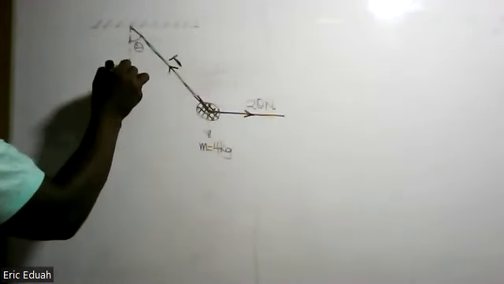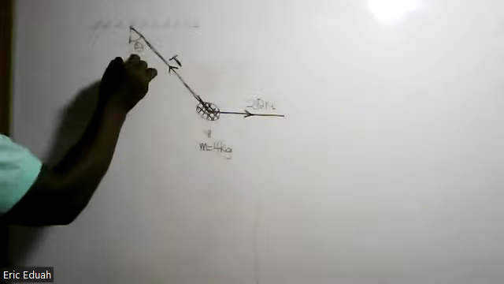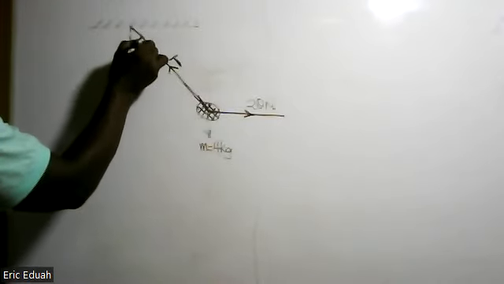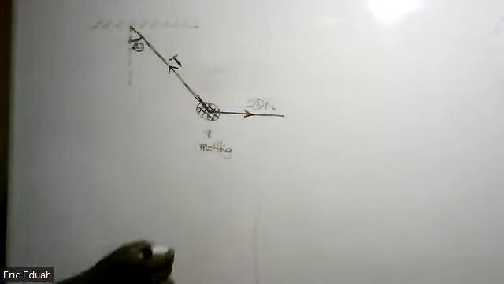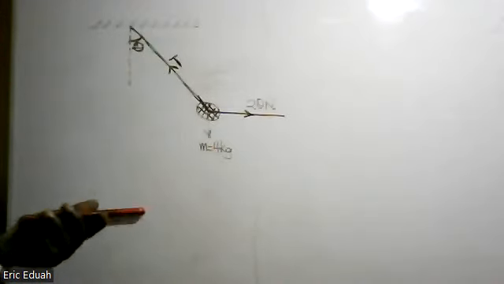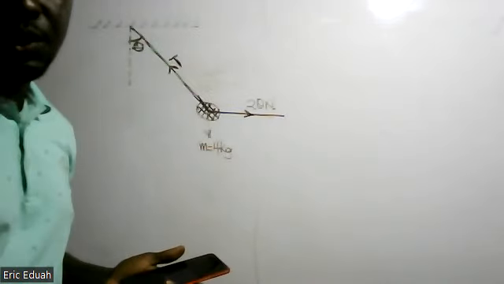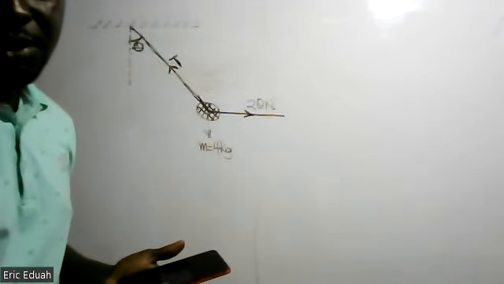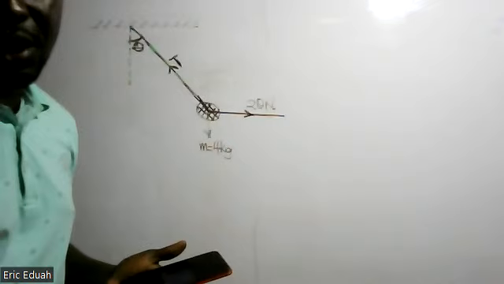So this is the imaginary vertical, and the angle the string makes with it is theta. So we are looking for this tension in the string T and then the angle the string makes with the vertical. Please, are we fine with the diagram?